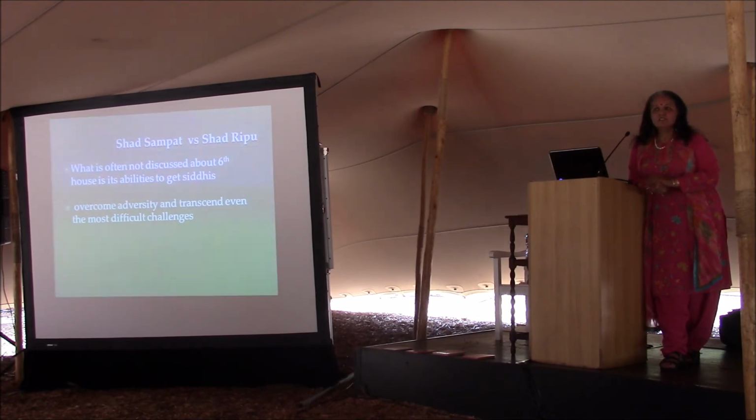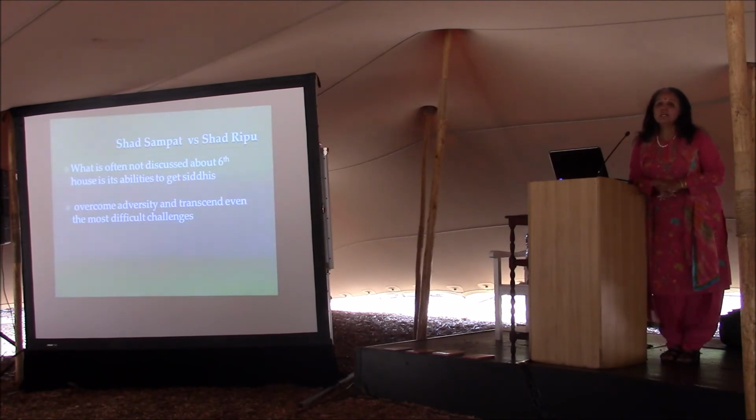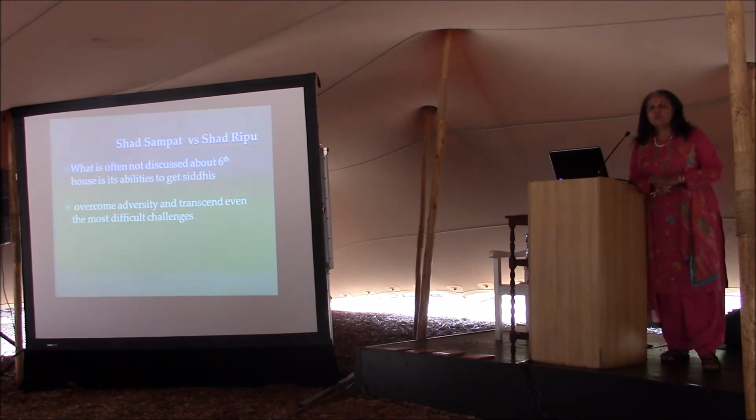There's a sage in India, no longer with us, called Neem Karoli Baba. It's often said that two people had known him to be with them in two different places. So he had the siddhi to appear at different places without actually traveling there. These are kind of lore, but it all comes from the 6th house.